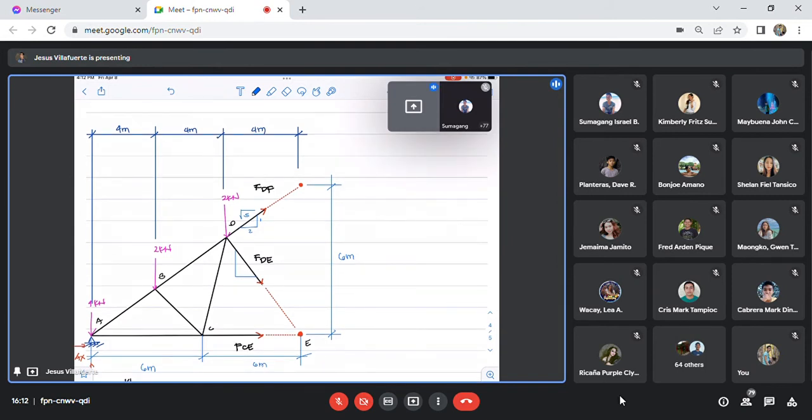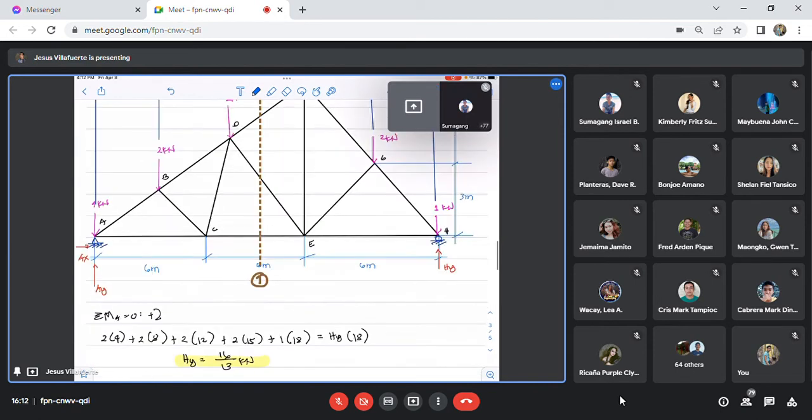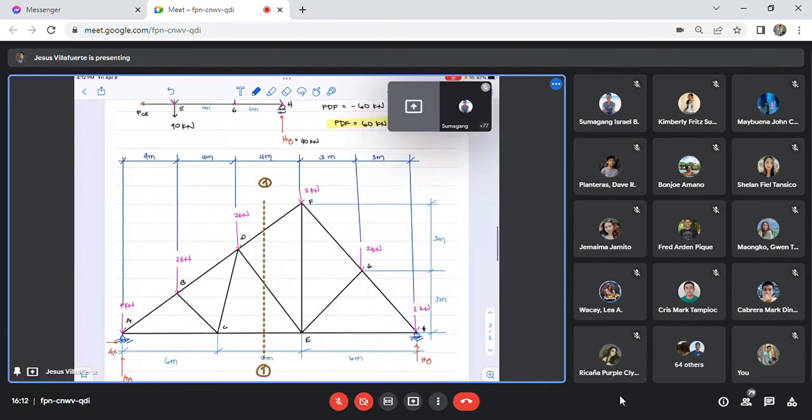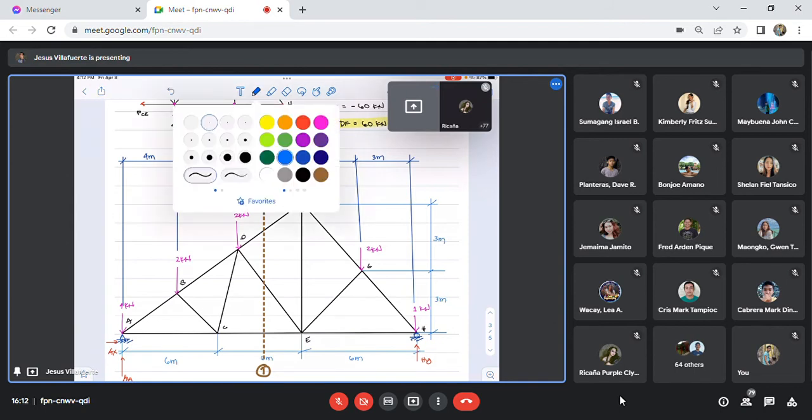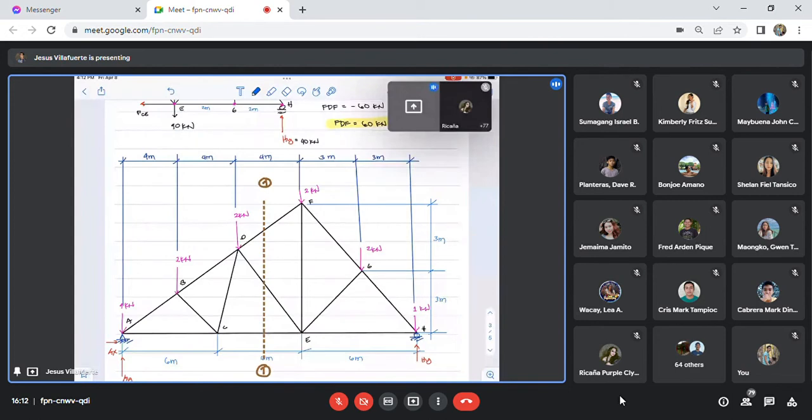This one, FDE. So what is the height at this point? Can we solve it or no? Class, can we solve it or no? Ma-solve ba nato ni or dili? Pila man ni?